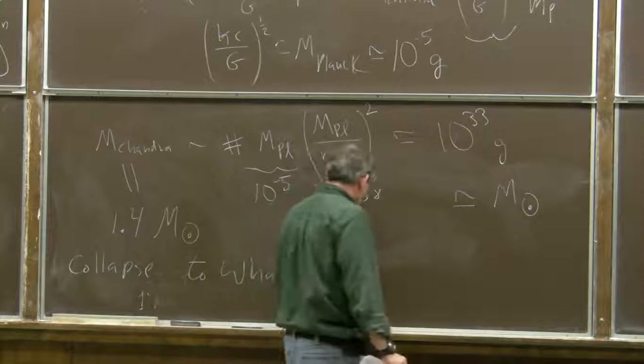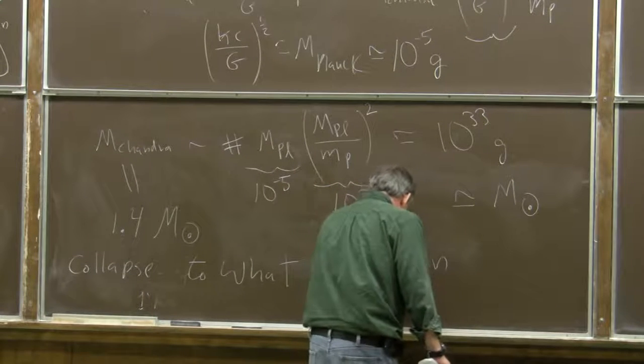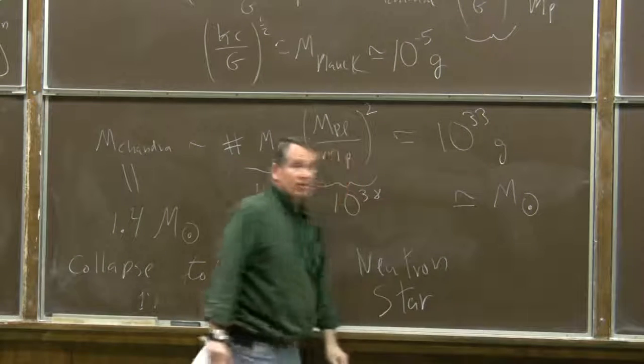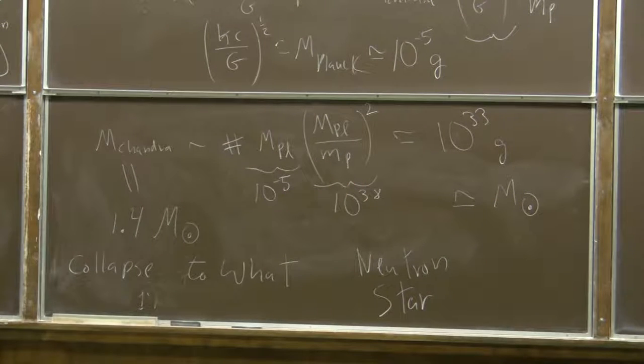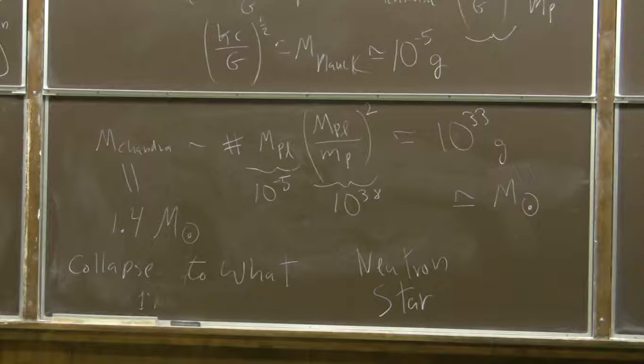It can be a neutron star. All right, let's think about that a minute. So we've got this gas of electrons, and they're very compressed. They have very high Fermi energy. They'd like to get to a lower energy state.